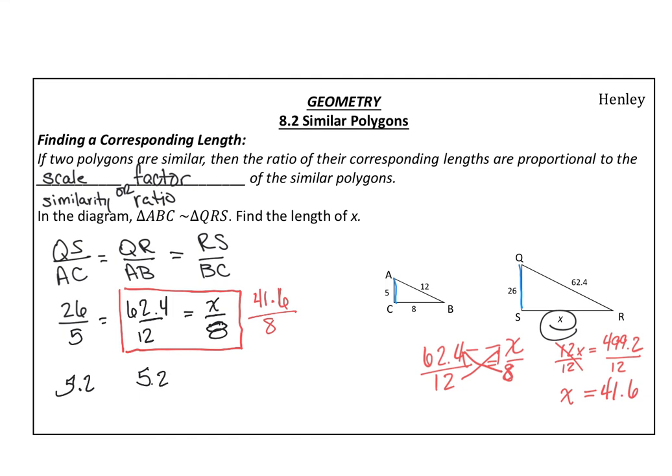And 41.6 divided by 8 is 5.2. So that being the case, when we go from our small shape to our big shape, we have 5.2. That is our scale factor. So scale factor equals 5.2.